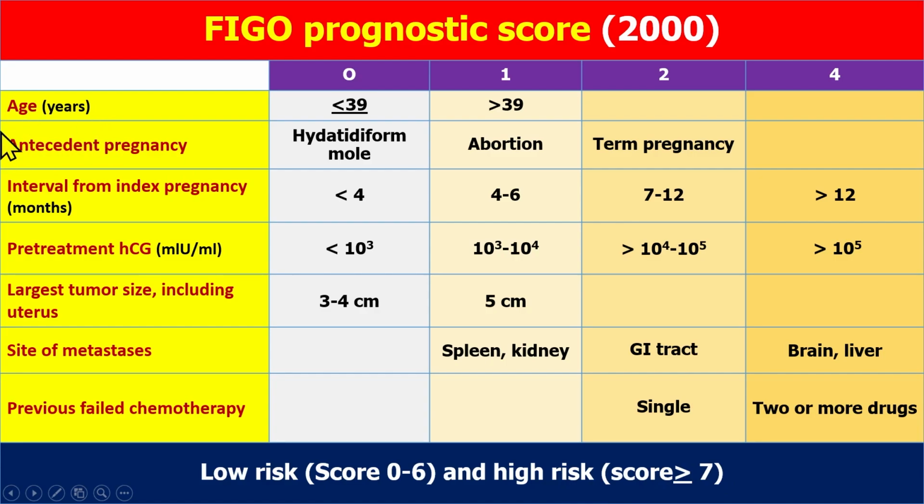So it depends upon the age, the pregnancy event, the interval from the index pregnancy, the pre-treatment HCG level, the size of the tumor, the metastasis, and the chemotherapy history, failed chemotherapy. So we count the total. If it's more than 7, it's high risk. If it's 0 to 6, it's low risk.